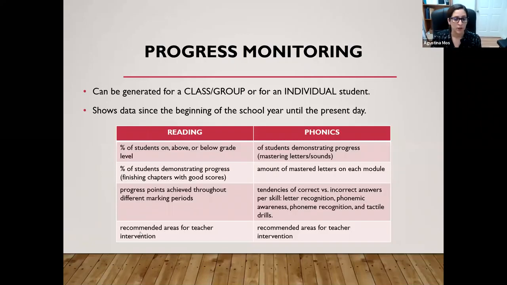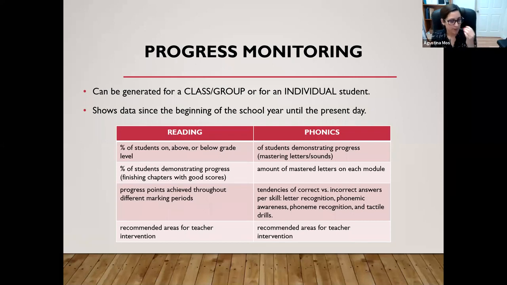Another thing that you can see on the reading report is the recommended areas for teacher intervention. So we take into account the student's activity, what exercises they do good, which ones they do not, what type of questions they get right, what type of questions they get wrong. And then we group the students together to show you who struggles with what.